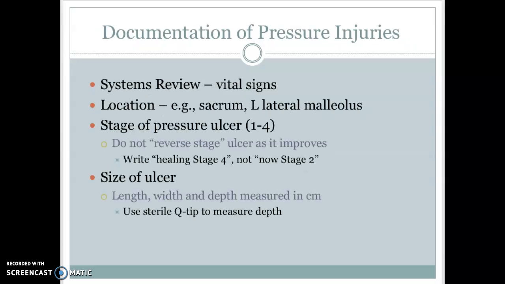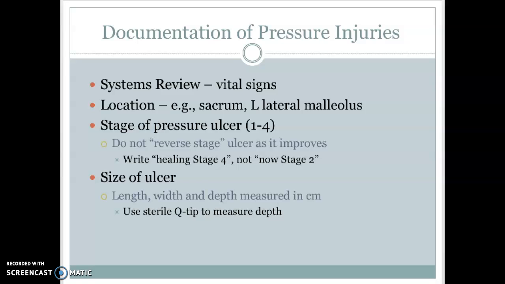Obviously, we're looking at their vital signs. When we're documenting anything that may be related to pressure injuries, we are going to be making sure that we're documenting their vital signs, but also the location of a pressure injury. We're going to stage it.